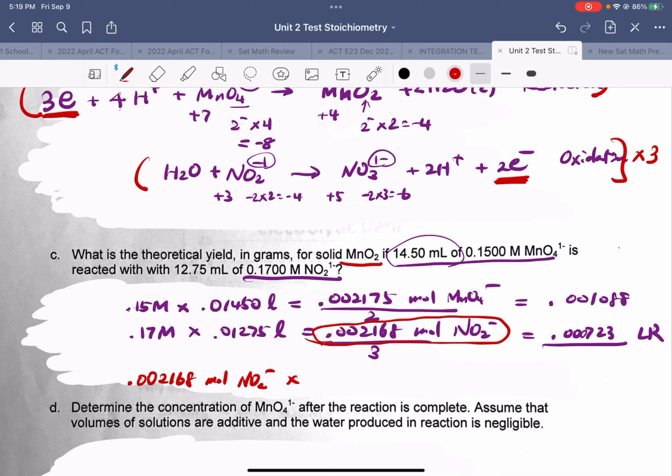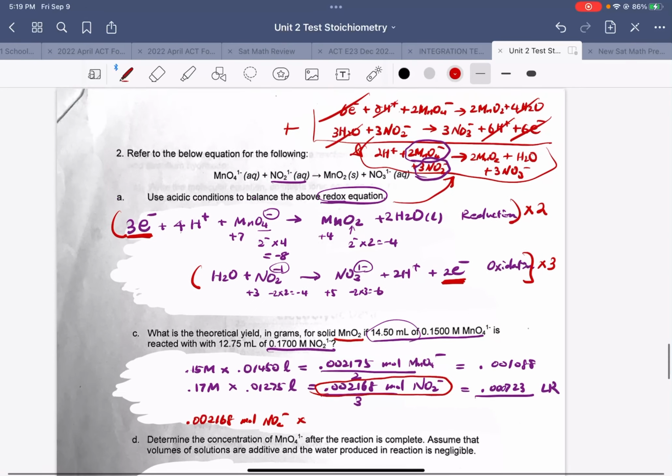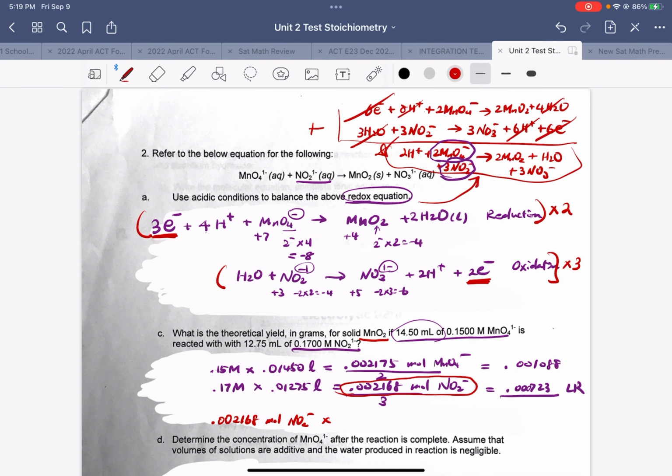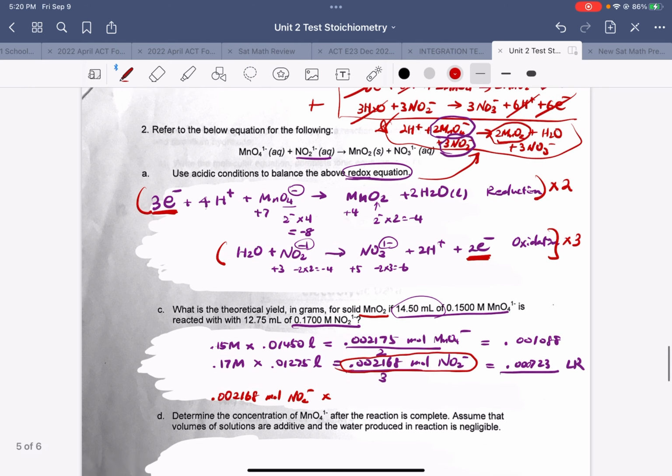So how many grams of that? So how many moles of MnO2? If you look here, the molar ratio for NO2- is 3 to 2. So 3 moles of NO2- gives you 2 moles of MnO2.